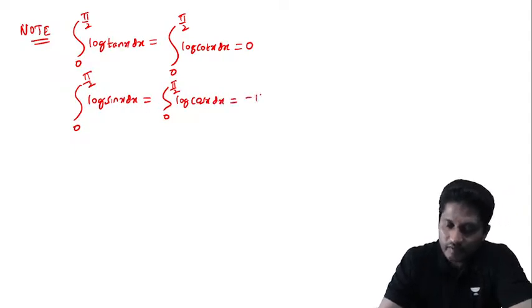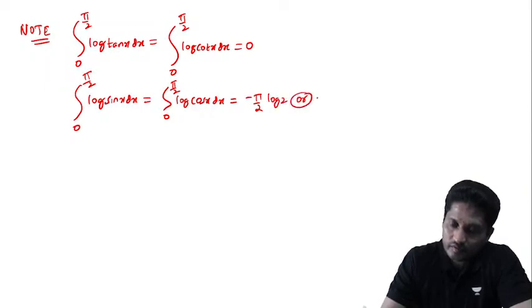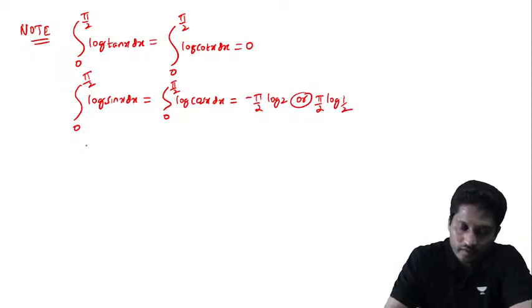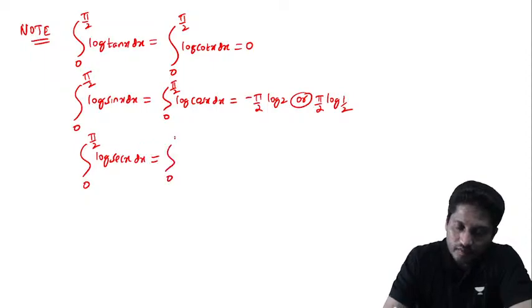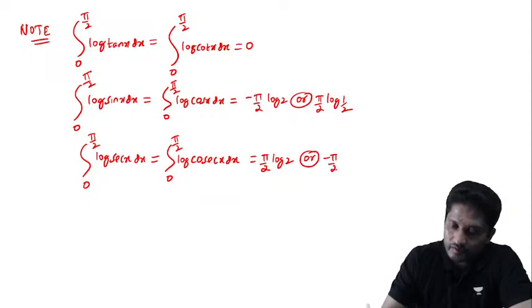Equal to minus pi by 2 into log 2 or plus pi by 2 into log 1 by 2. 0 to pi by 2 log of sec x dx, 0 to pi by 2 log of cosec x dx equal to plus pi by 2 into log 2 or minus pi by 2 into log 1 by 2.